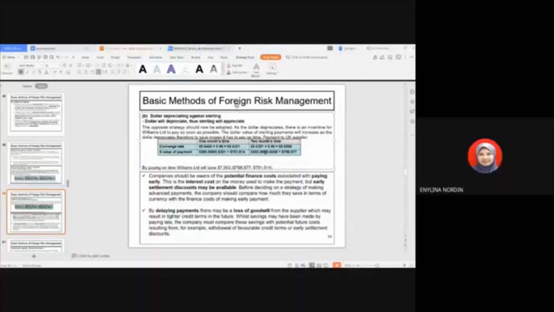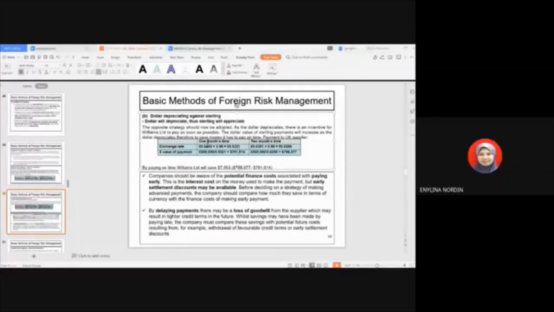The US company is going to pay in sterling, which is expected to appreciate, so there will be more dollars to be converted into pounds. So the company should adopt a leading strategy. The US company should pay as soon as possible.